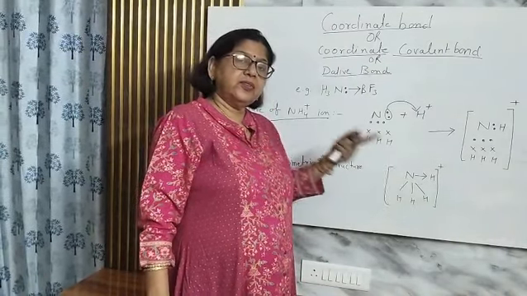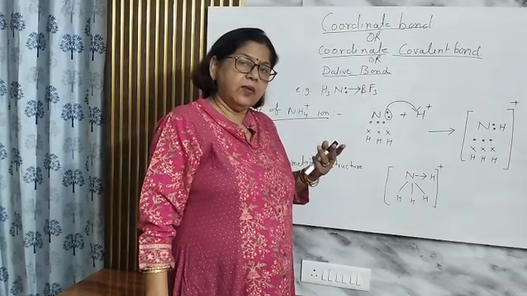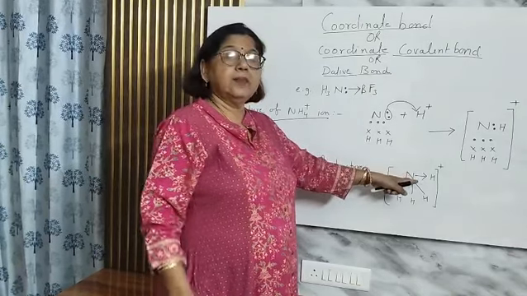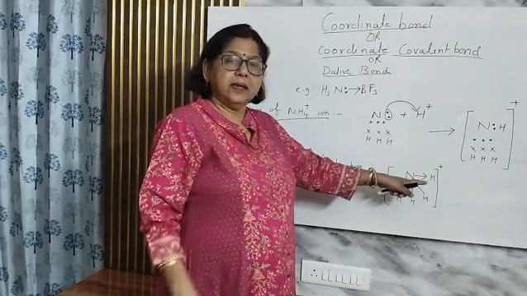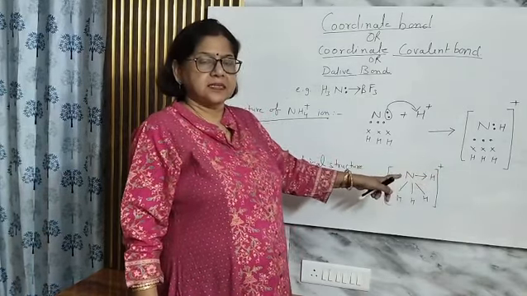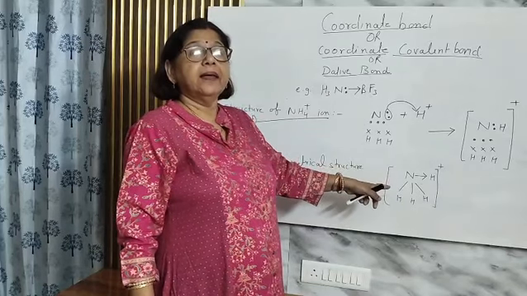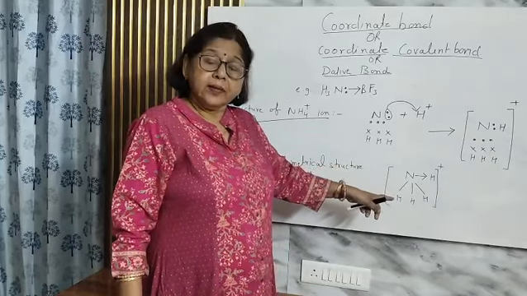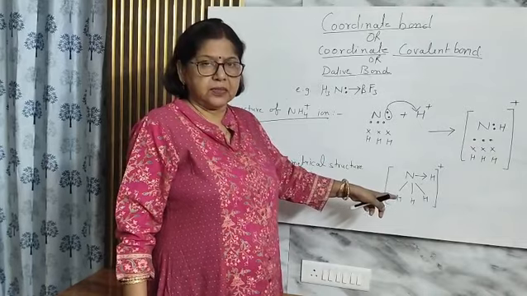So what is there? There are three covalent bonds and one coordinate bond in the ammonium ion. Alright. So this is the structure of the ammonium ion where the coordinate bond is used.